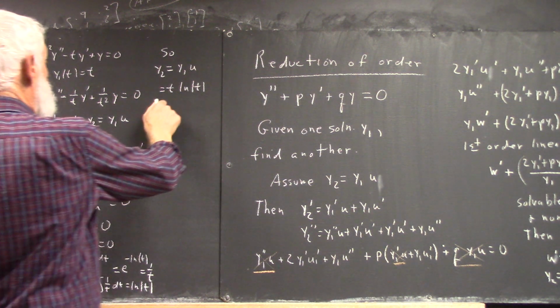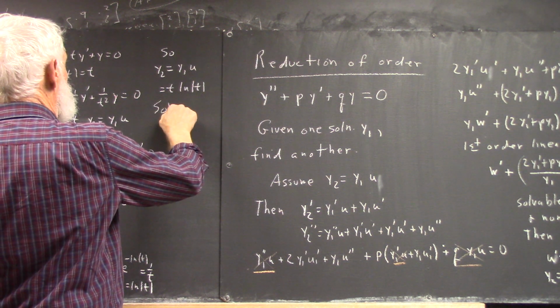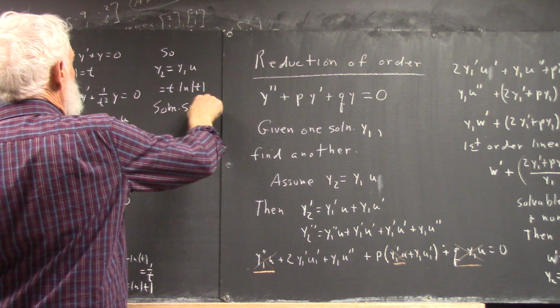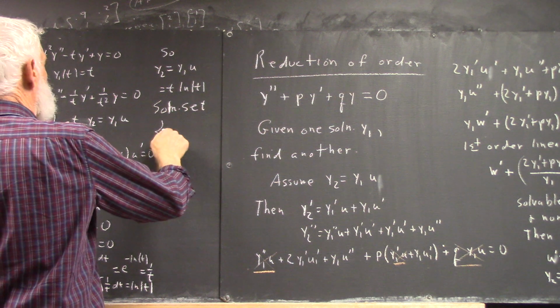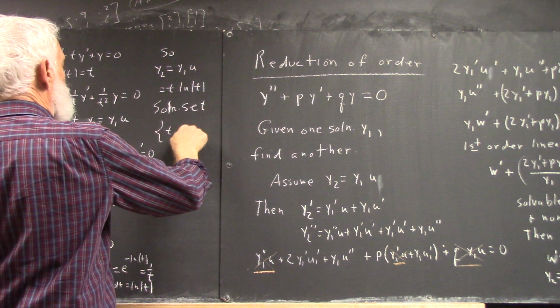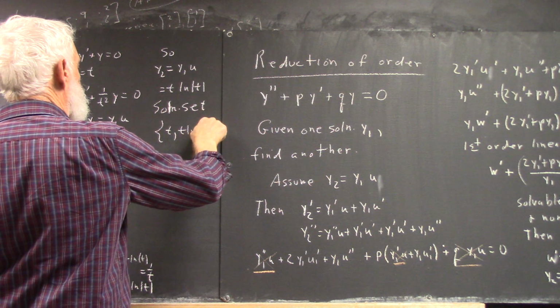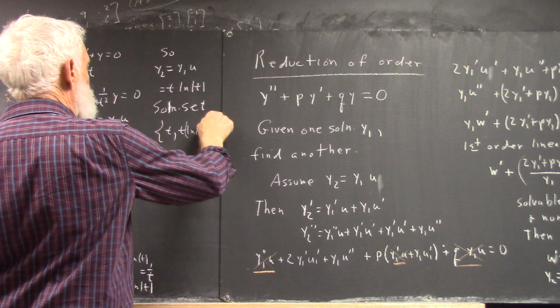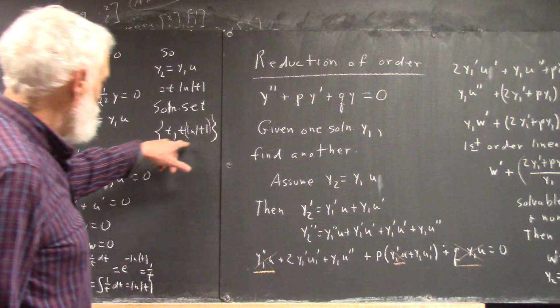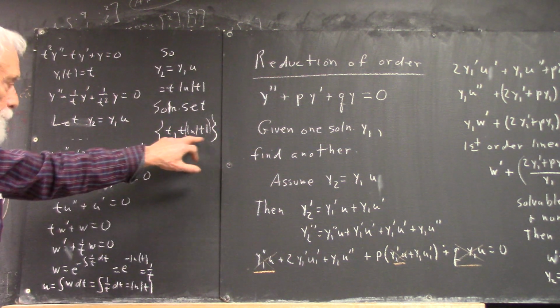Our solution set, got my L and my N together there. Solution set is then t, natural log of the absolute value of t. Wrote the t a little close to the L there, so I put some parentheses around this.